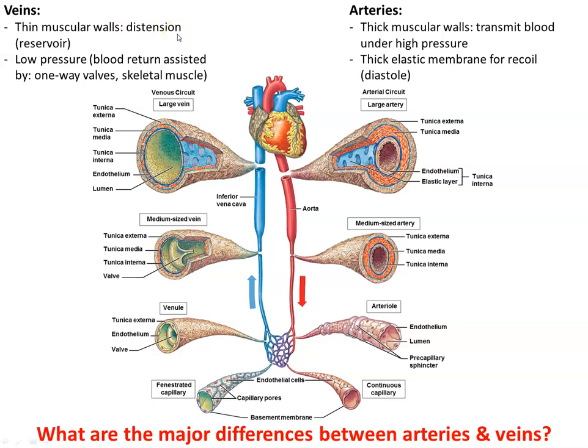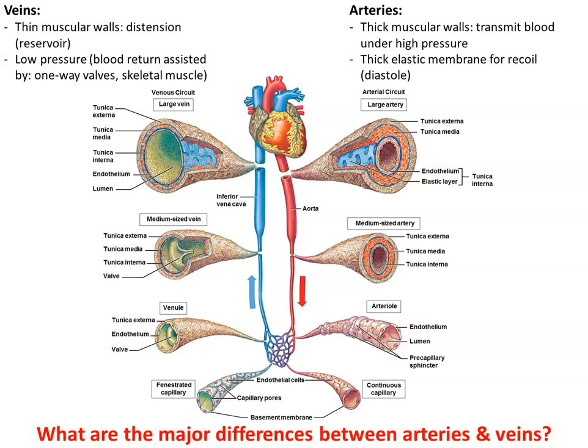If you have a distended stomach, you've filled your stomach with so much food that it's stretched out. That stretching of these veins, especially large veins close to the heart, makes them a blood reservoir. This is one of a few reservoirs in the cardiovascular system. So remember that: large veins become reservoirs for blood.